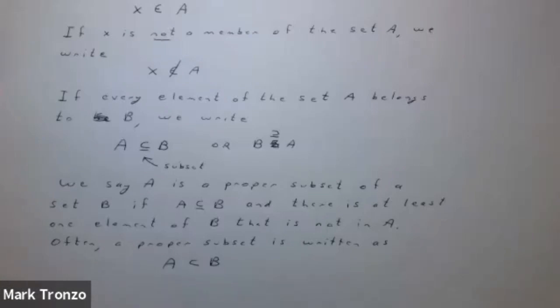And again, some of these are probably pretty logical, or you had them before, but we have to go through them just to be sure nothing's missed. This is definition 1.1.1.